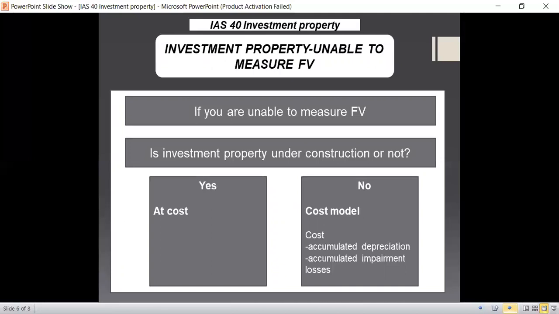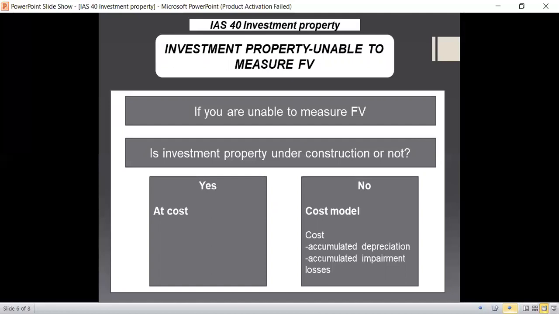In that case, when we are not able to measure the fair value reliably, IAS 40 prescribes different treatments on the basis of whether the investment property is under construction or not. If the investment property is under construction and not yet completed, then we need to keep it at its cost until we can measure the fair value reliably or the construction is completed. On the other hand, if the construction is completed and we are still not able to measure fair value, then we need to keep it using the cost model.